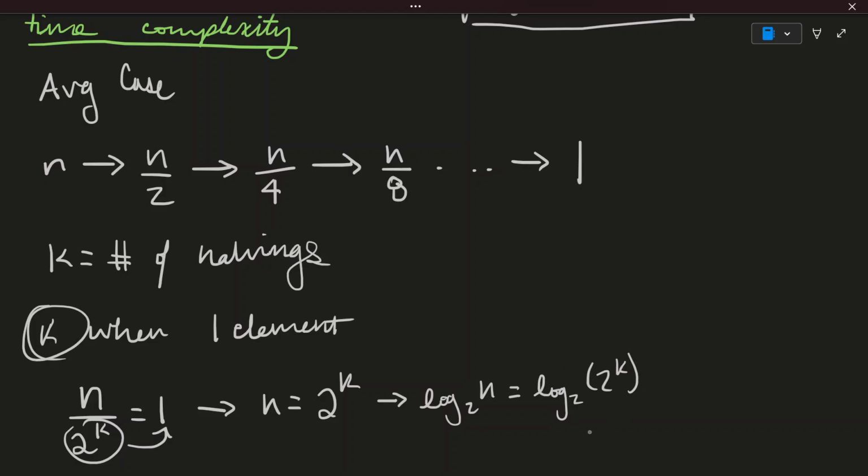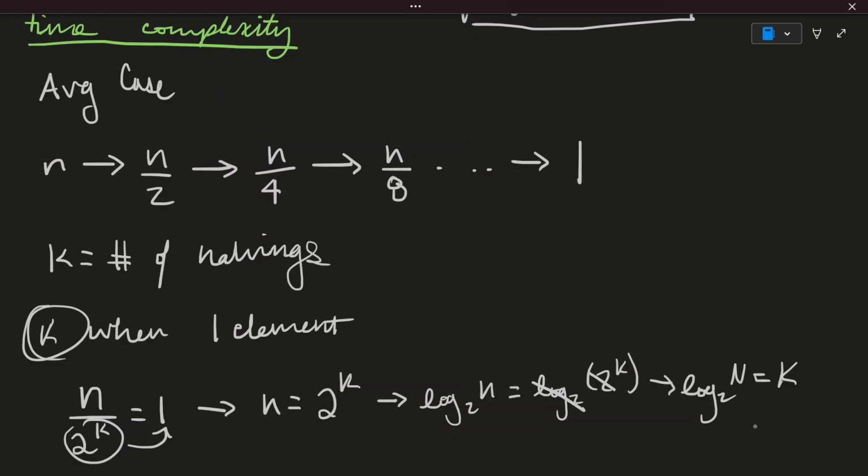It'll just be a regular variable. I don't know if I explained that well, but math is not my main thing. So we can cancel this, and at the end, you have log base 2 of n equals k.